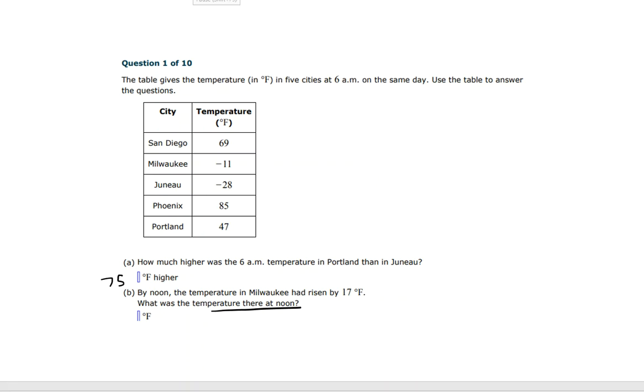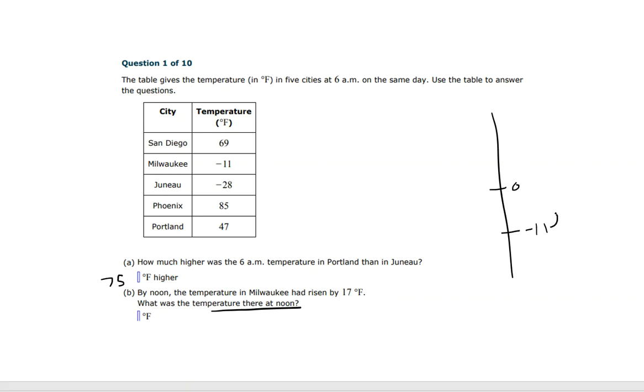So for this one, we have to realize that if this is 0 and the temperature in Milwaukee at 6 a.m. is negative 11, and then it rises 17 degrees Fahrenheit.